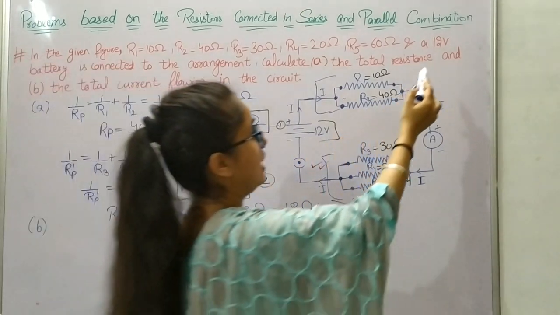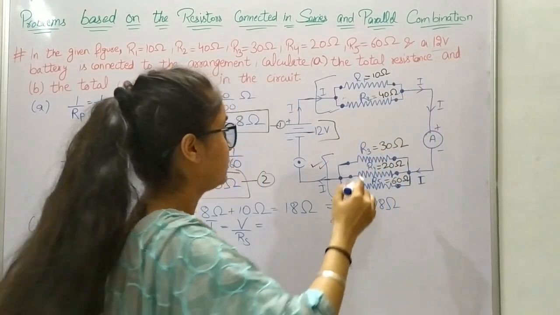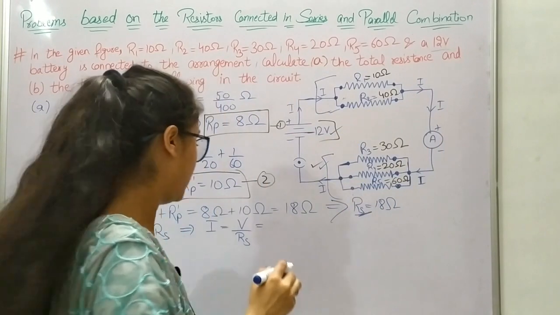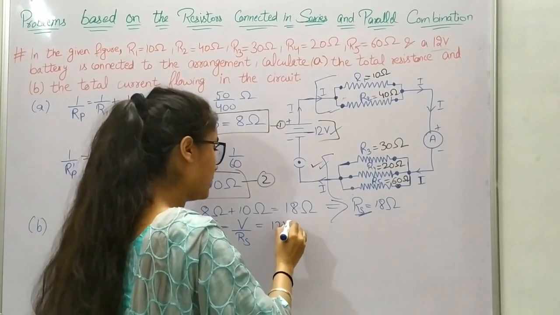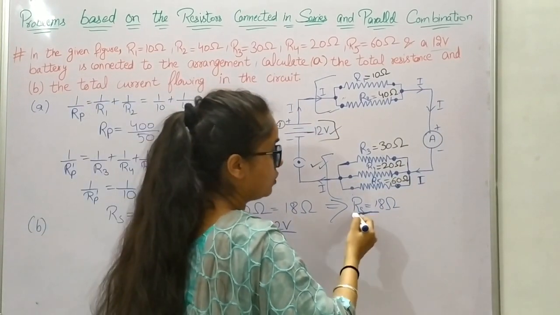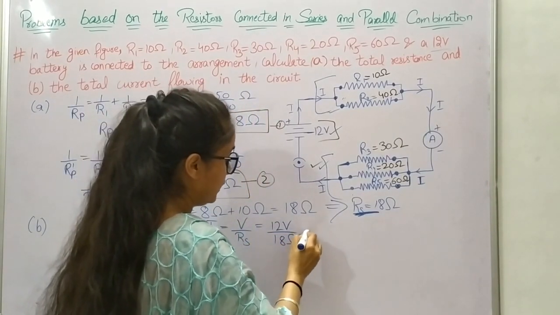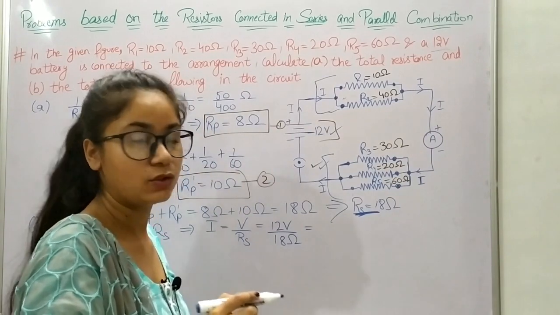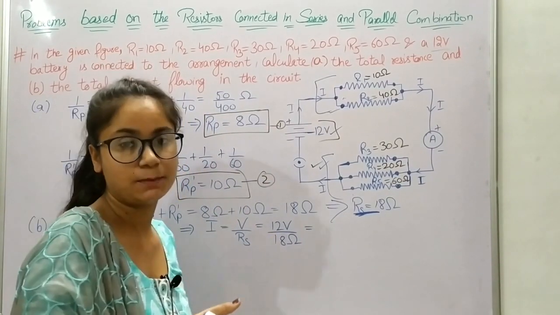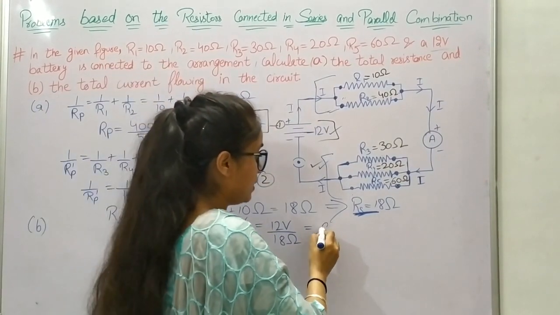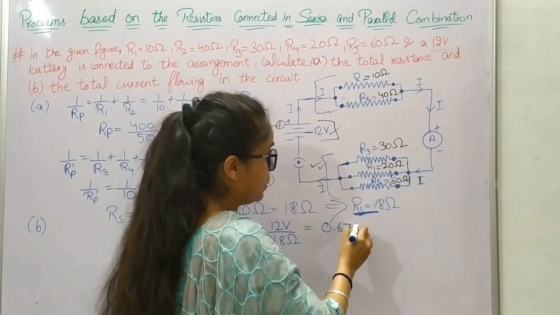It is 12 volt here. So it would be 12 volt over the total resistance, which we found to be 18 ohm. When we solve this, it would be approximately equal to 0.67 ampere.